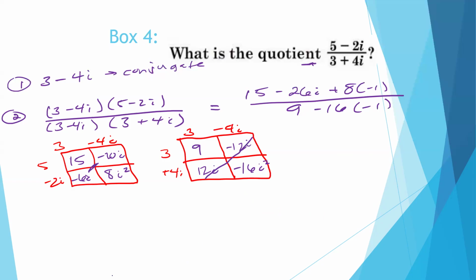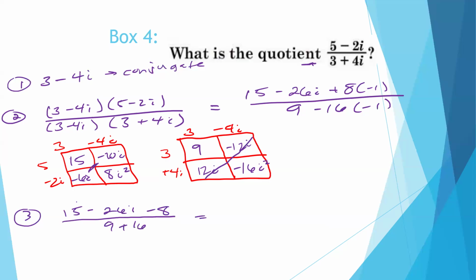I've now multiplied. Step 3, my job is to simplify. Okay, so we're going to start cleaning this up. So we have 15 minus 26i, a positive and a negative make a negative, over a negative times a negative makes a positive.